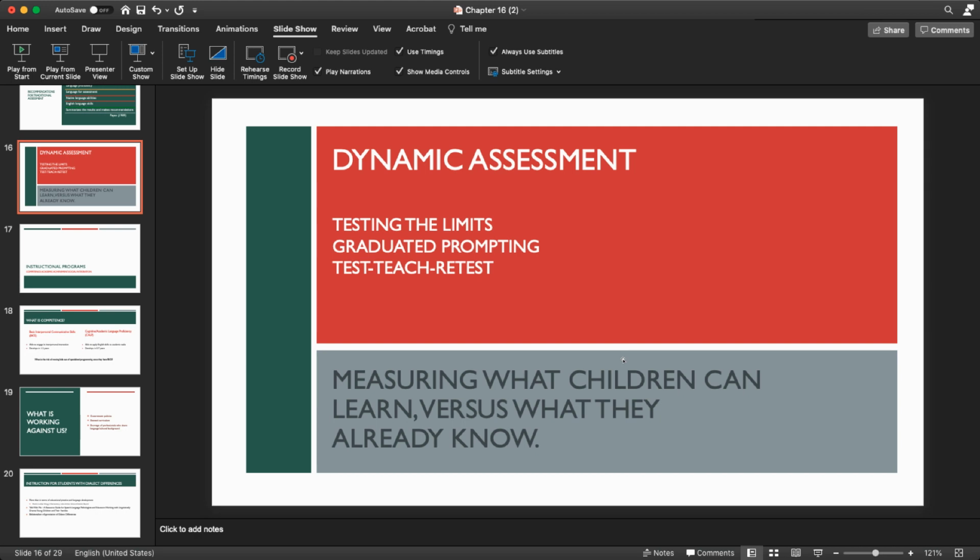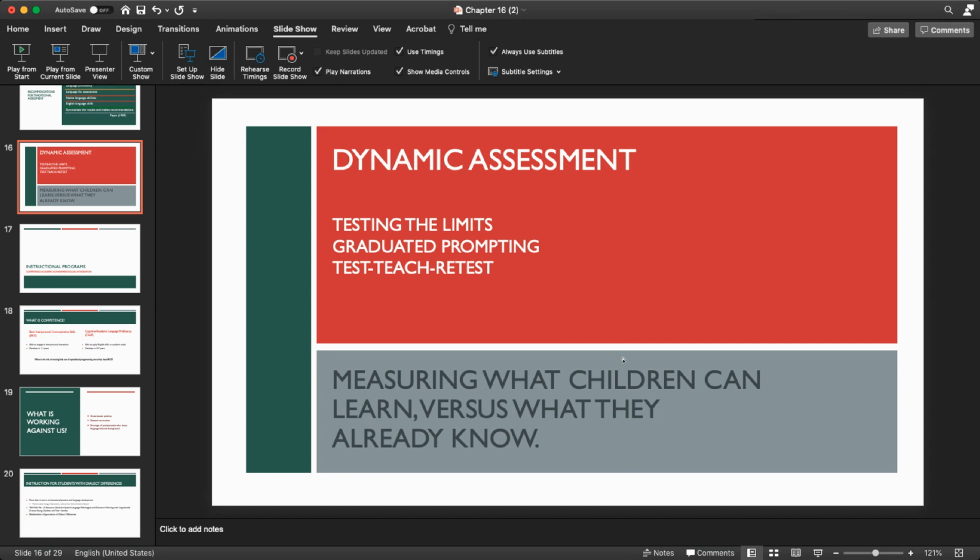So, how do we achieve dynamic assessment in these targeted areas? When we are prompting, because testing the limits is just making sure you are measuring what a child can learn.